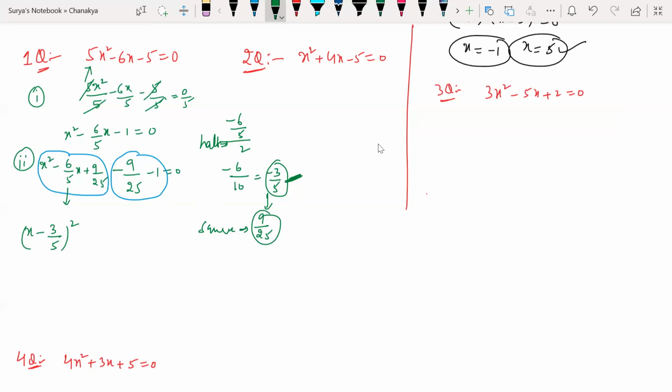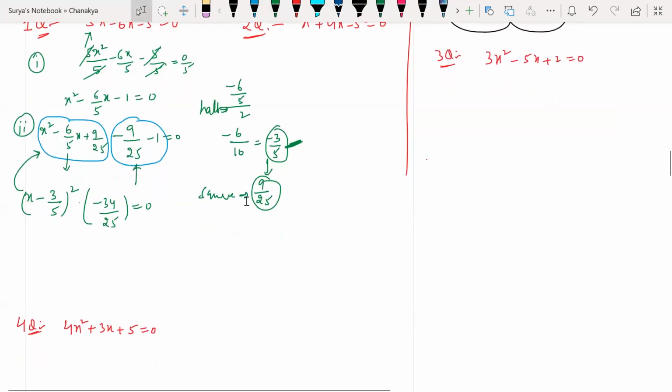Here 9 by 25 is b square, and b value is 3 by 5. If you expand this, again you will get this. Minus 9 minus 25, that is minus 34 by 25, is equal to 0. Very good. So this is what we get.